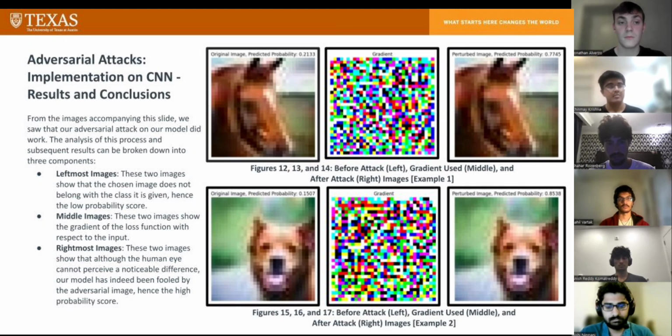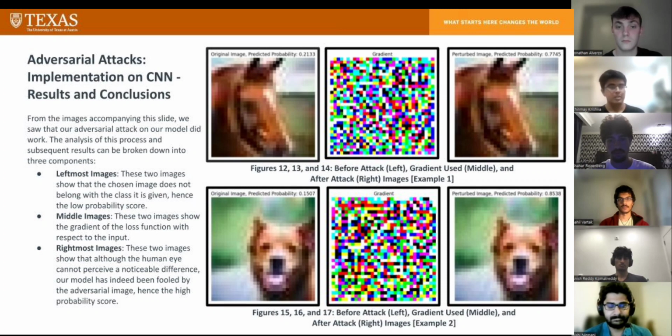We added that to the original image to get our perturbed image, and you can see that the probability is much higher, 77 and 85%, which means that our adversarial attack succeeded in fooling the model, since it took a fake image and made it look real to the model.